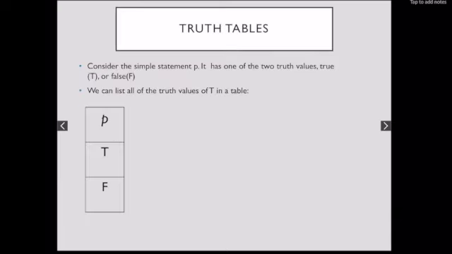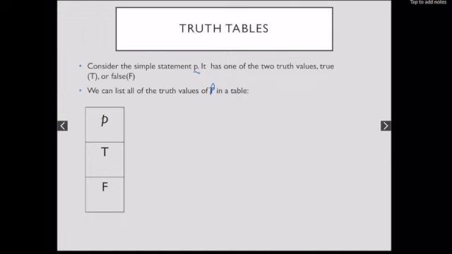So when we start with a truth table, let's consider our statement P. This is our simple statement. It has one of two truth values, okay? It can be true or false. And we can list all the truth values of P in a table. So P is either true or false.